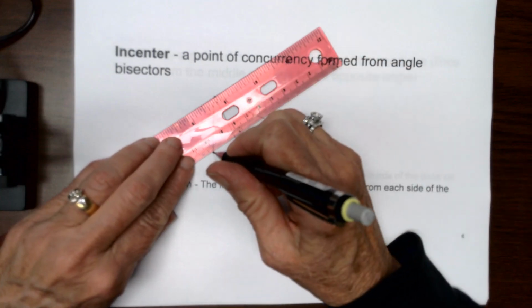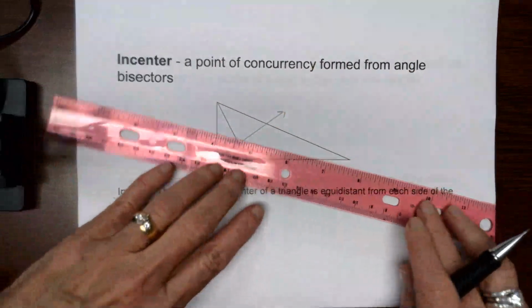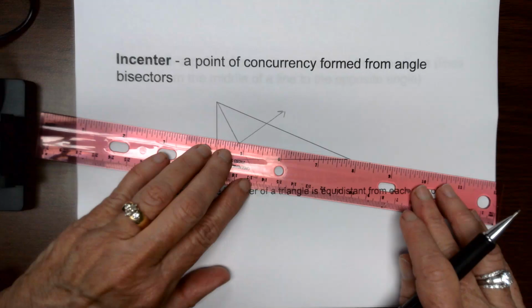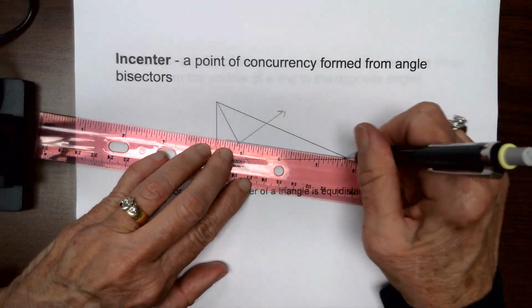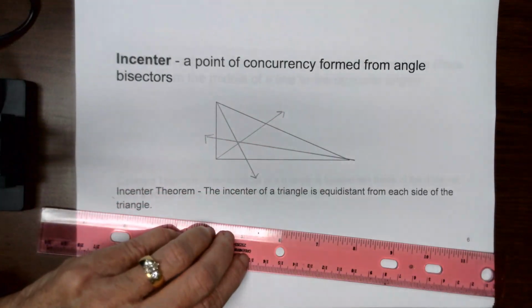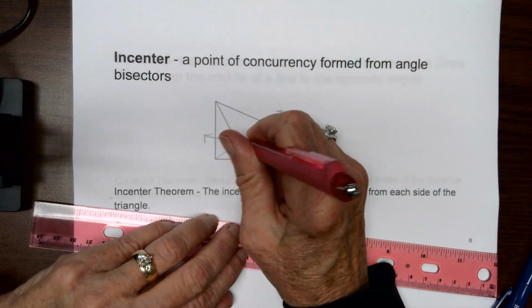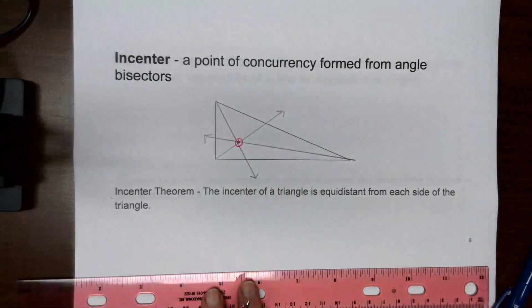So I'm cutting the angles exactly in half. And that point where these all cross, that point right there, which should be a singular point, is called the incenter.